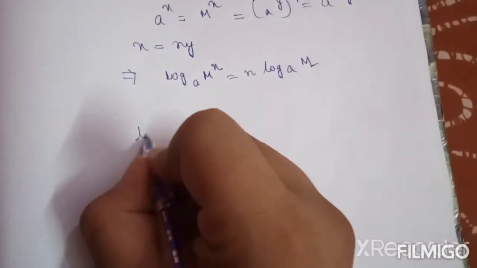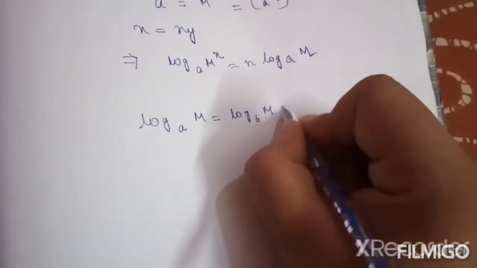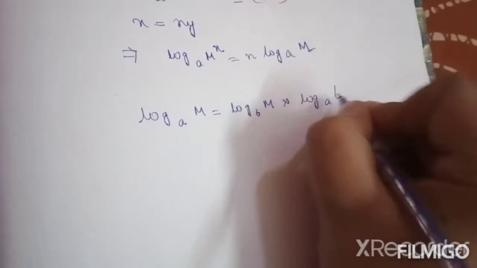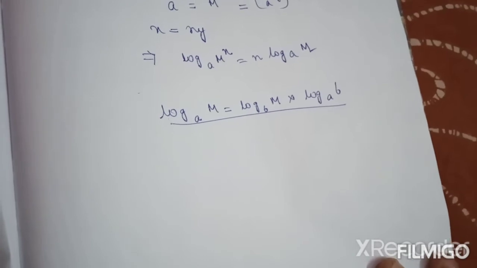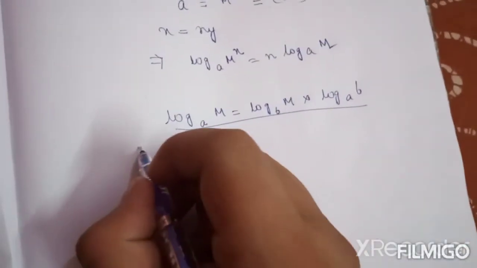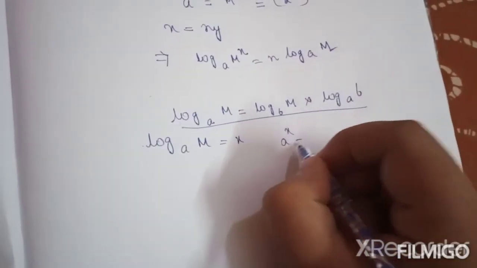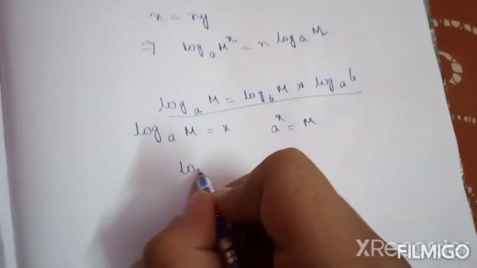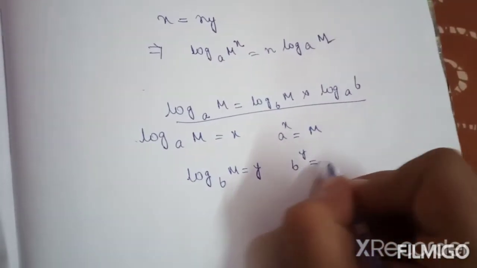Our next formula is that log a base m equals log b base m into log a base b. This is the formula for changing the base. So we'll take log a base m equal to x, which means a to the power x equals m, and log b base m equal to y, which means b to the power y equals m.